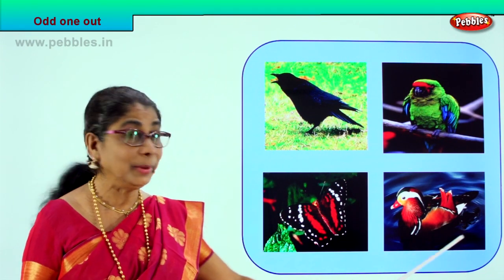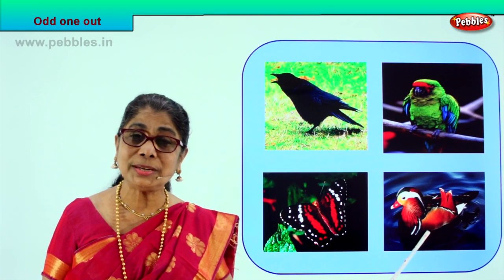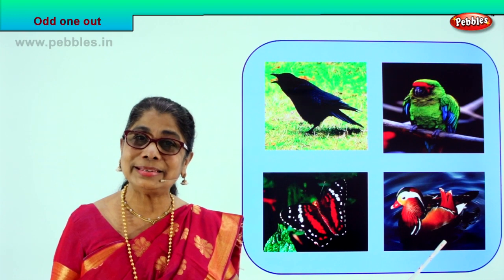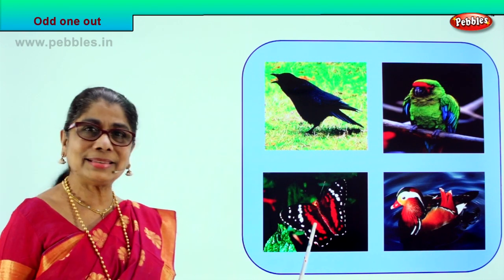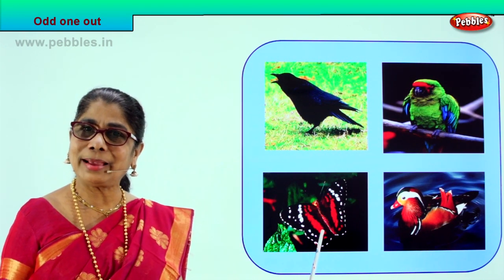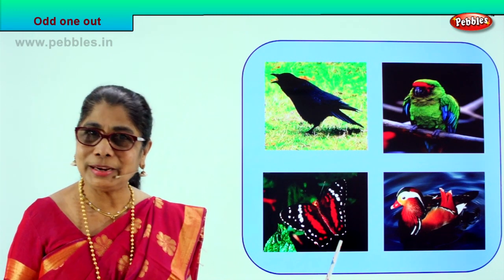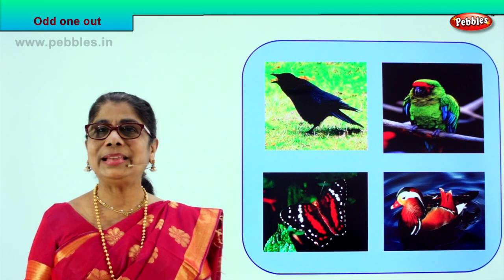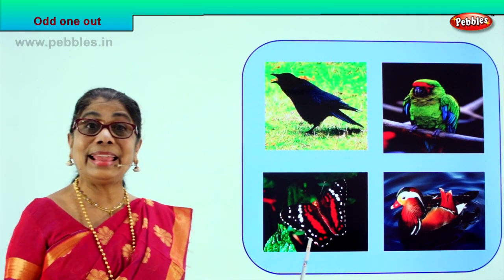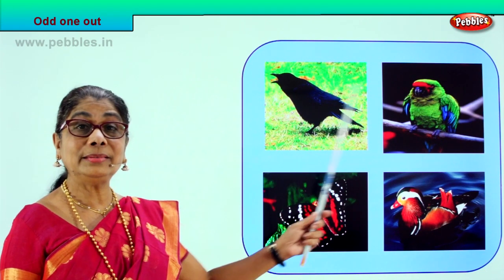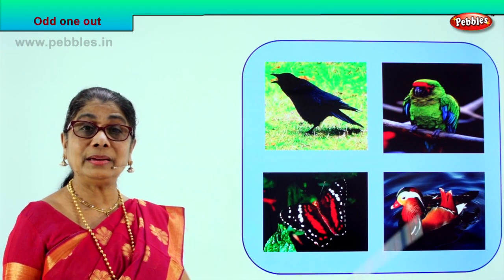And what do you have here? In the water. Somebody's swimming in the water. Duck. What is a duck? Duck is a bird. Good. What is this? Beautiful black and red. Butterfly. What is a butterfly? Butterfly is an insect. Very good. So what do we have here? 1, 2, 3 birds.